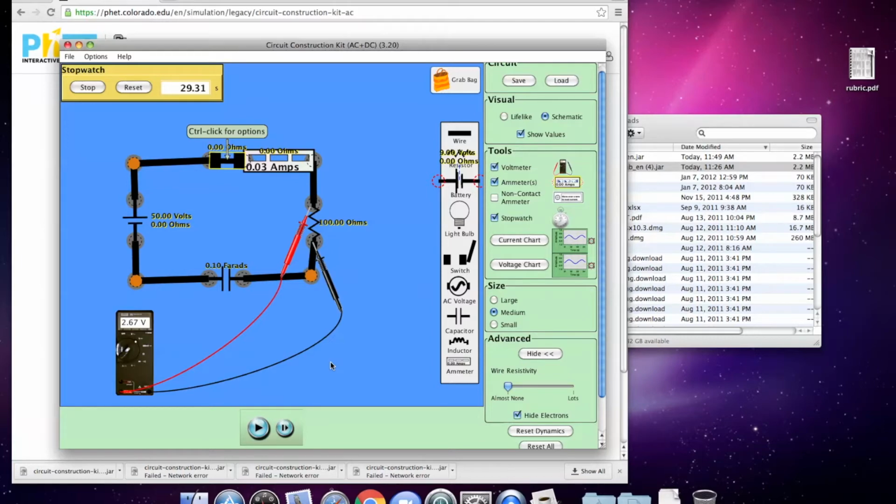At a time of 29.31 seconds, I'm getting an ammeter reading of the current of 0.03 amps. Not very much significance to that reading.